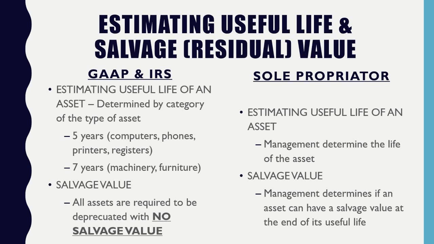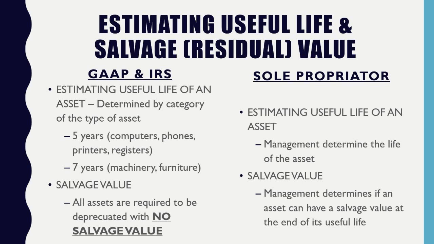Give or take 7 years should be a good amount of useful life that the desk can provide. Same thing with machinery, anything that produces the product for you, typically would have a useful life of 7 years. So once again, these are all predetermined by the IRS. It is kind of like a Blue Book.